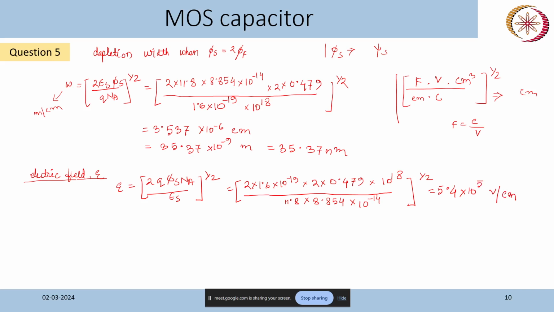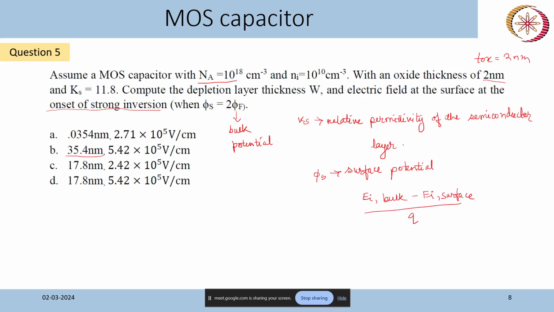Okay, everything is in terms of centimeter. Let me see. Okay, it is also given in terms of centimeter. So yeah, we already got 5.4 into 10 to the power 5 volt per centimeter. So our correct answer is D.